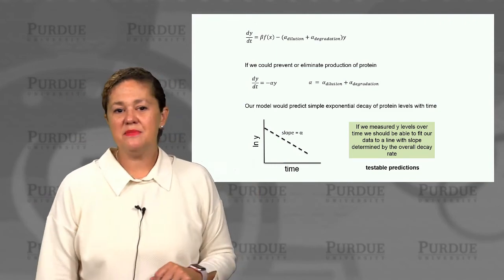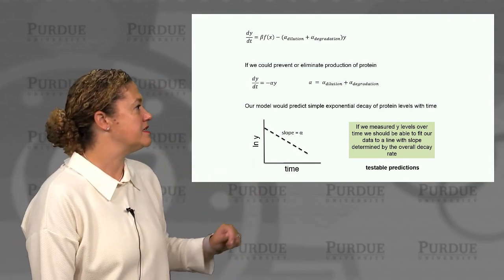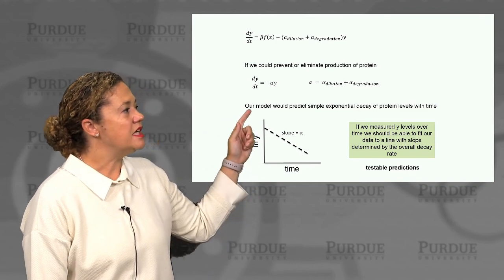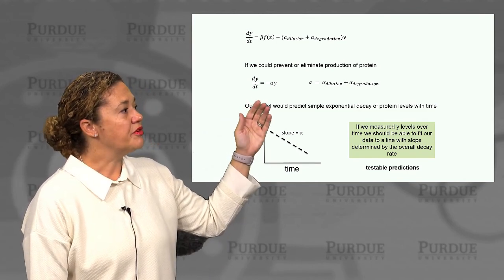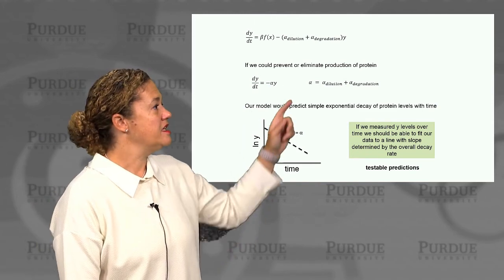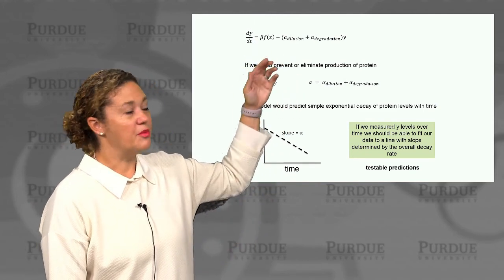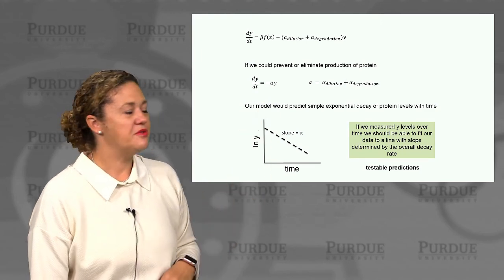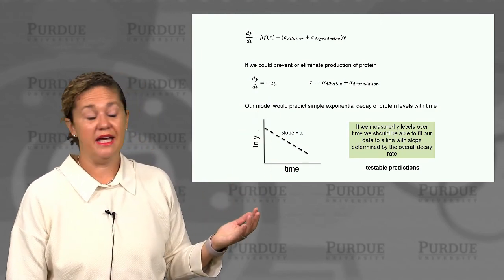So we can make some testable predictions from our system. Again, back to our basic rate equation. If we could eliminate or prevent the production of protein, so this beta f(x) term would go away, then our rate equation would just collapse to a simple exponential decay.